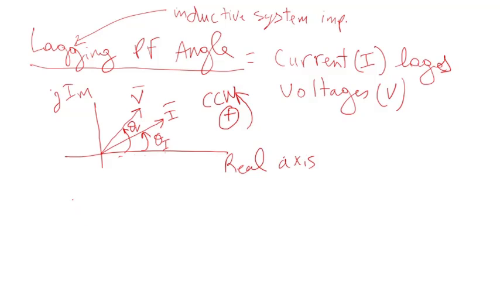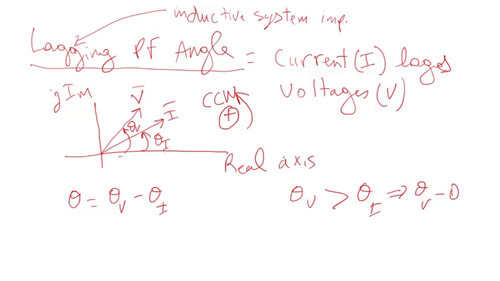So let's call theta the difference between the voltage and current angle. So theta V minus theta I, from here we can see theta V is greater than theta I. Then if you take the difference, theta V minus theta I will be greater than 0.